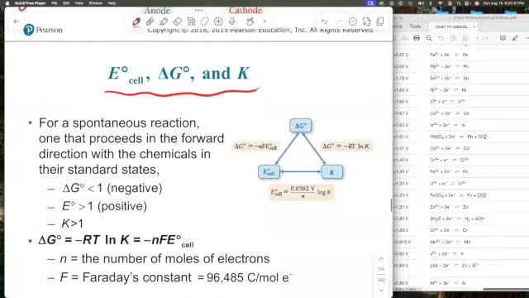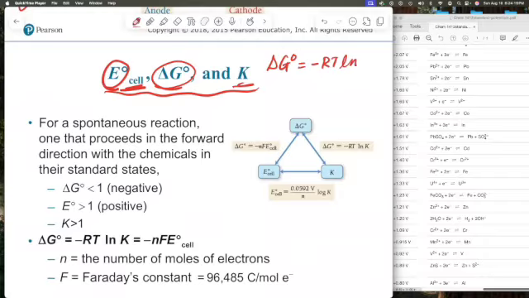So now we're looking at the relationship between E of the cell, delta G, and then K. We have a relationship here that tells you delta G from the previous chapter is equal to negative RT ln of K. In this chapter, we're told delta G is also equal to negative NFE of the cell.